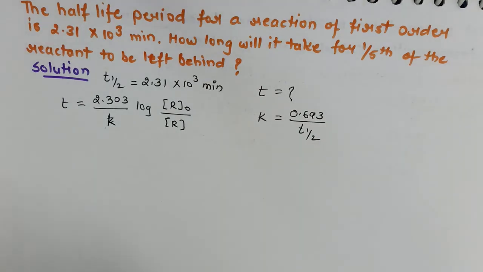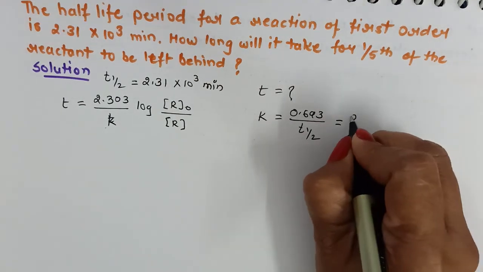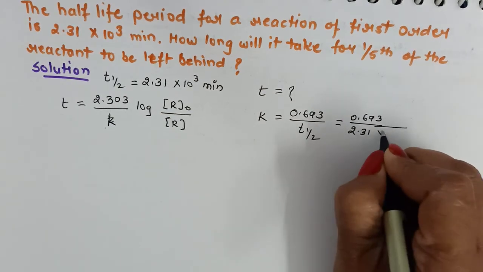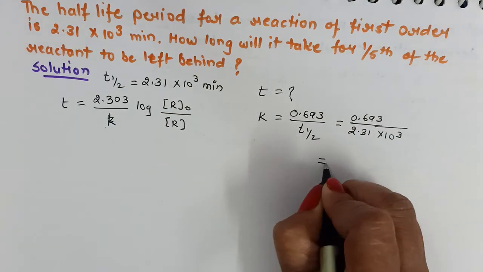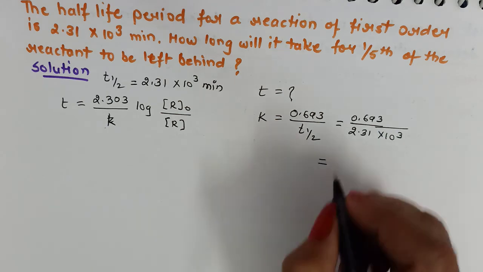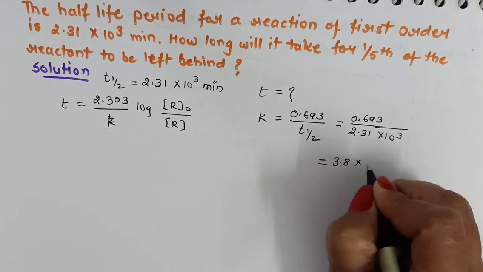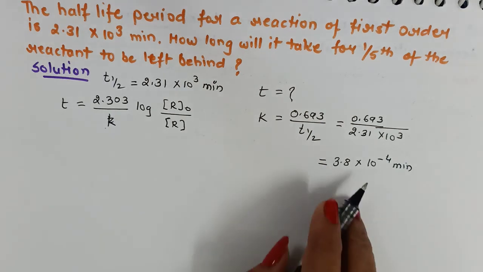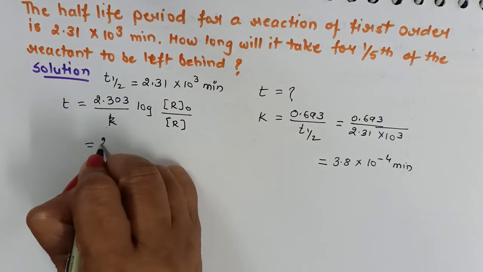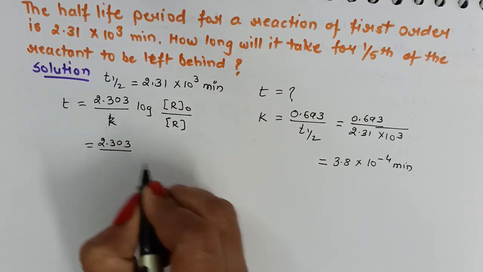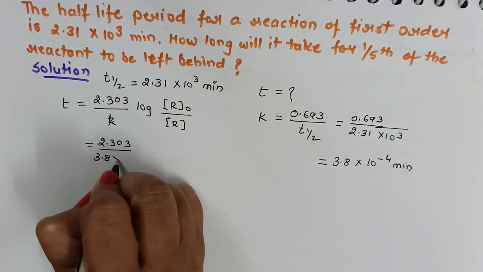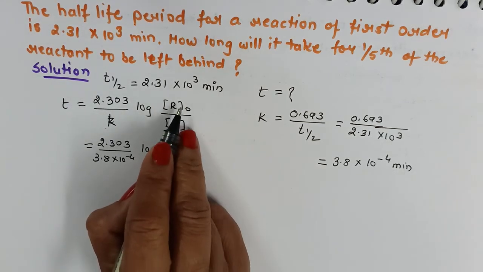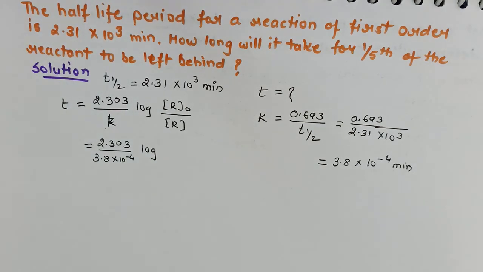Being a first order reaction, this is the formula: 0.693 upon 2.31 into 10 to power 3. So the value of the rate constant becomes 3.8 into 10 to power minus 4 minute inverse. Substitute this value here: 2.303 upon 3.8 into 10 to power minus 4 log. Now neither the initial concentration is given to us nor any indication.